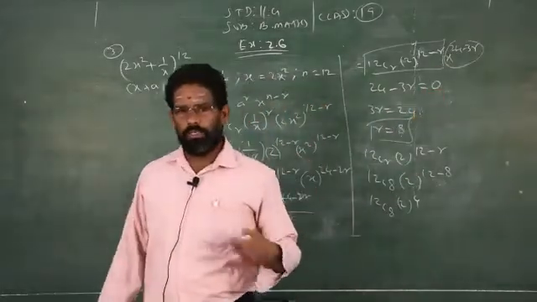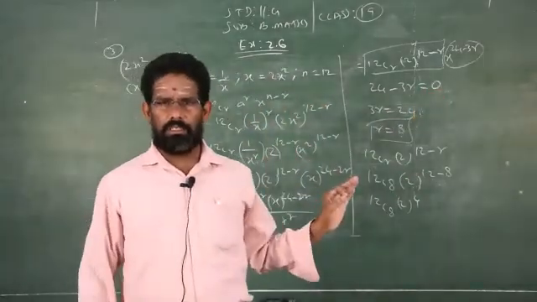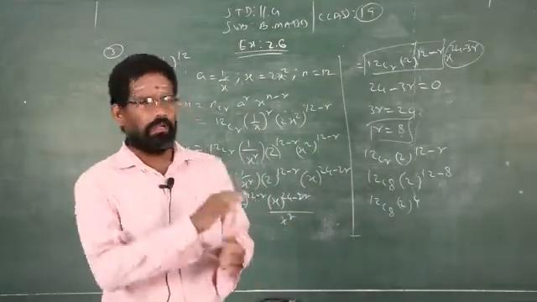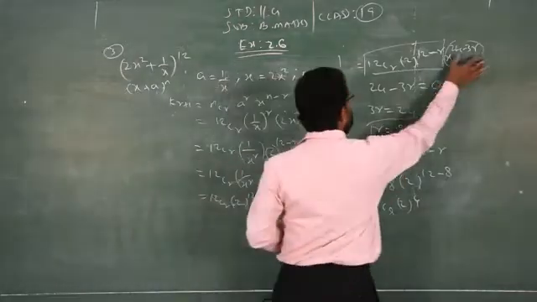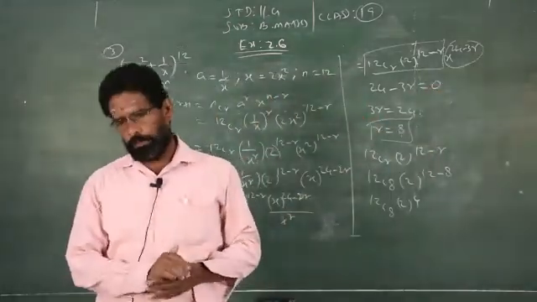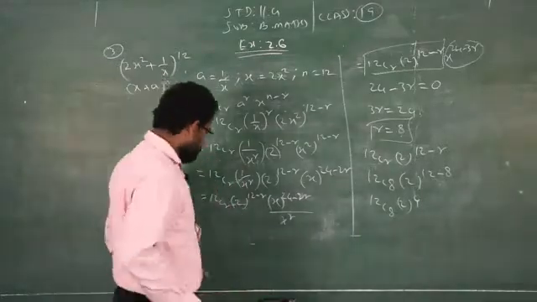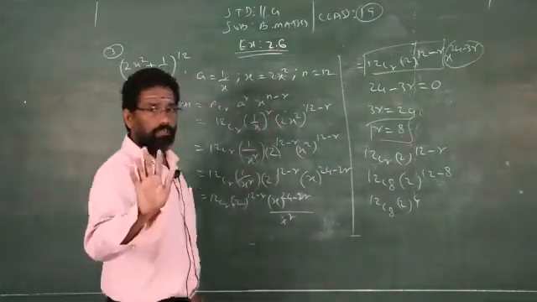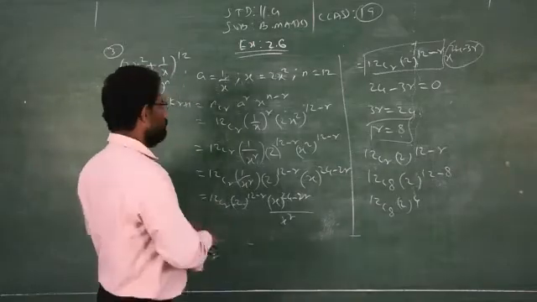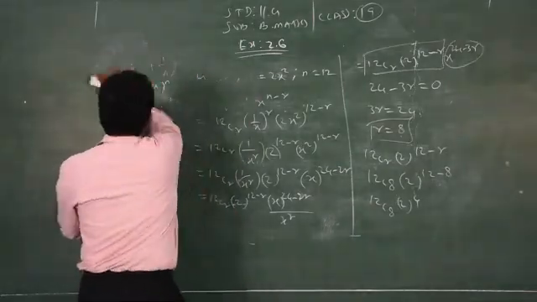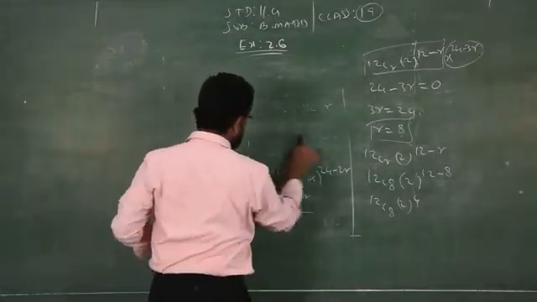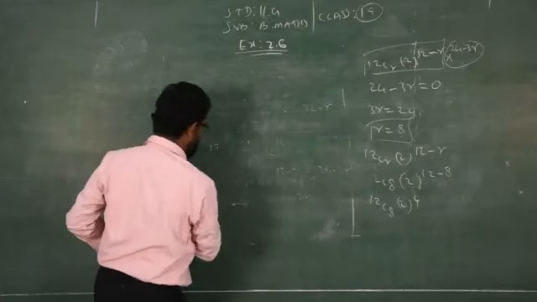I told you why it is equal to 0: because a constant is independent of x, that is x power 0. This I explained at the beginning of this problem. This is the procedure not only for the independent term but also for the constant term. Be careful: sometimes the question paper gives it as independent term or constant term. Both are the same.